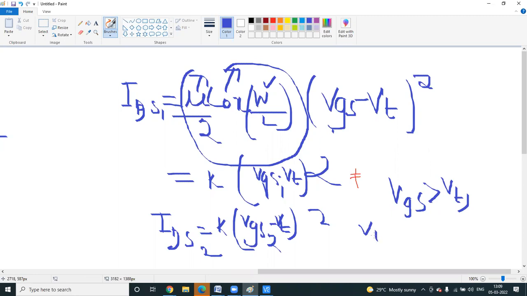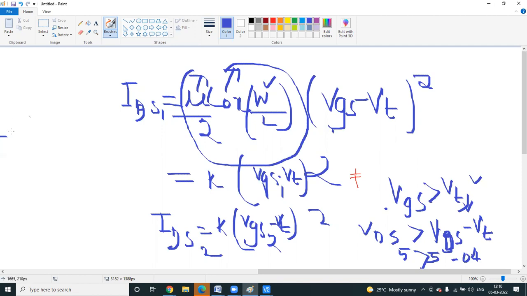Next condition, VG greater than VGS minus VT. Understand? Now if gate equals drain, then VD equals VG. So I can write VDS greater than VGS minus VT because VD equals VG. If this is 5 volt, then 5 minus 0.1 is also greater. If these conditions are satisfied, VG greater than VT and VG greater than VGS minus VT, then this is the saturation region.